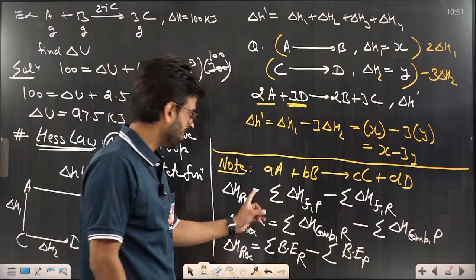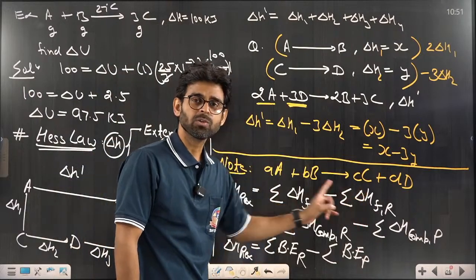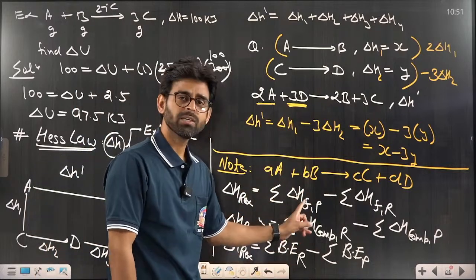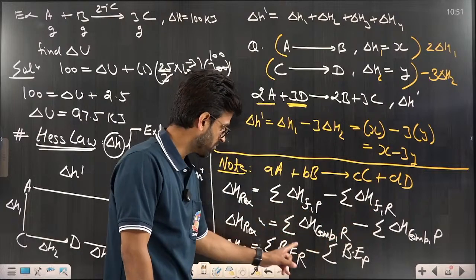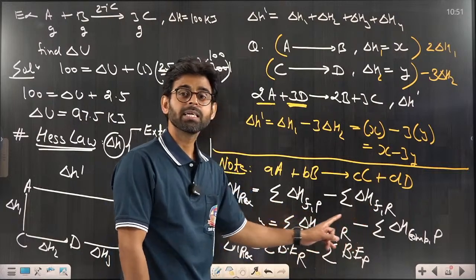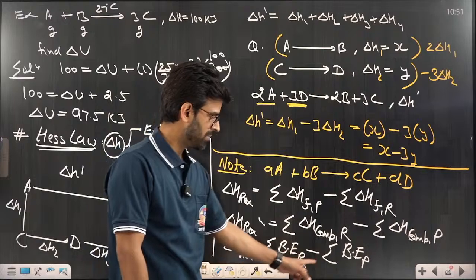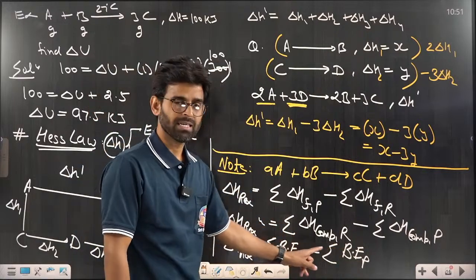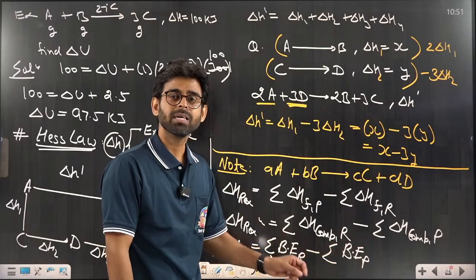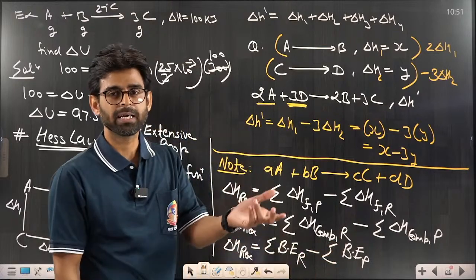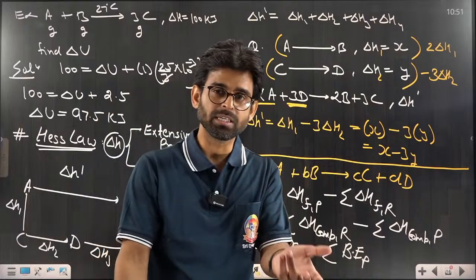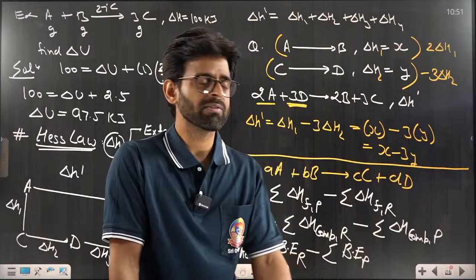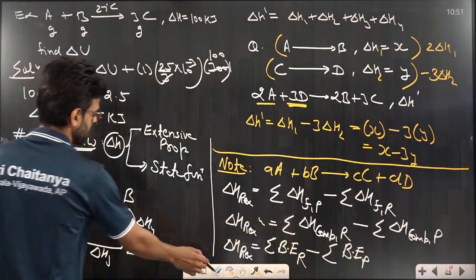For every component, use the formulas accordingly. In terms of formation, product minus reactant; in terms of combustion, reactant minus product; in terms of bond energy, reactant minus product. NEET asked 2-3 questions from this, and one question was repeated, if you remember: X2 plus Y2 makes XY. Delta H of reaction was given and they were asking the bond energy of XX, right? So very, very important, use it properly.